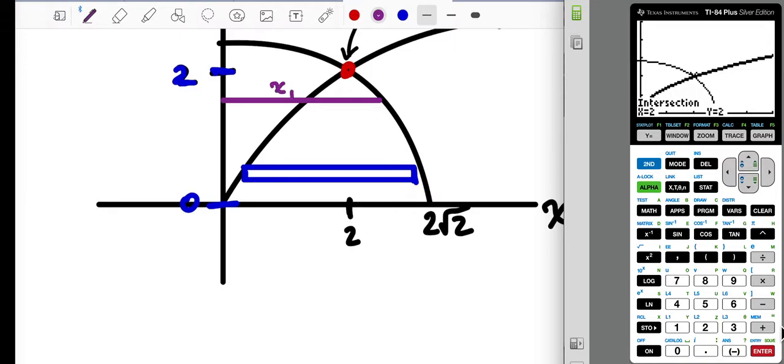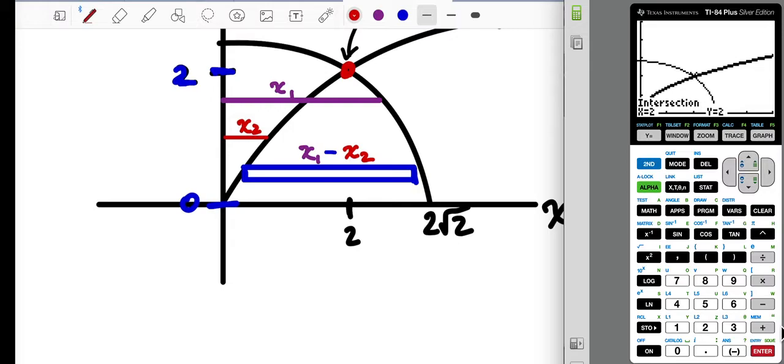Call that x1. And then we have another x here that I'll call x2. If I do x1 minus x2, then I get the length of that rectangle.